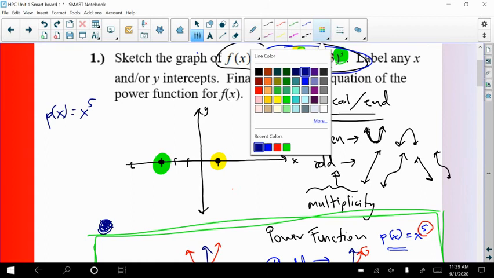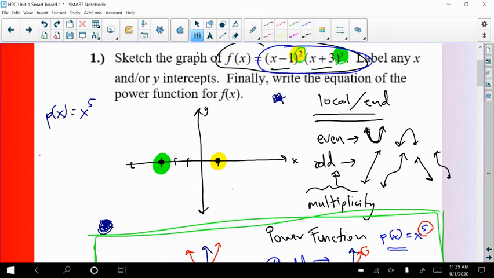So as I start to graph this, I'm going to come from the lower left side. I know I'm approaching -3, and the multiplicity at -3 is odd. So if I have that odd multiplicity, I know I'm going to do this little kind of squiggle. I'm going to start in the lower left, approach that -3 and do a little wiggle, right? A little cubic shape, and then go up a little bit. And then I know I need to come back to 1 as a zero, but the multiplicity there is even.